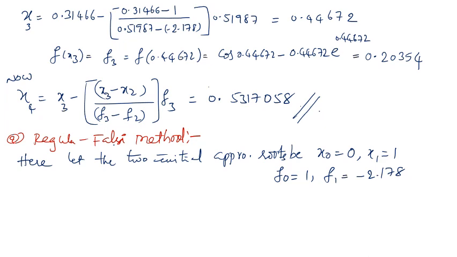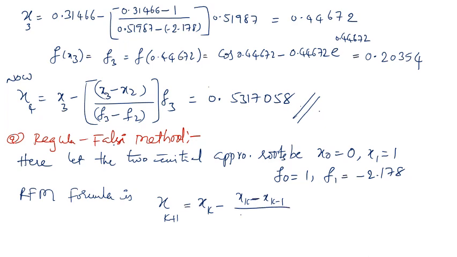Okay, next one, what is the f2 formula? Now the RFM, regular false method, iterative formula is the same formula, no change in the formula. xk plus 1 equal to xk minus (xk minus xk minus 1) by (fk minus fk minus 1) multiplied by fk.